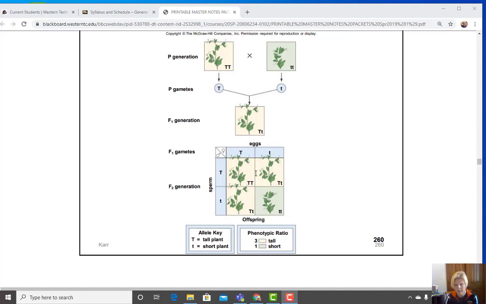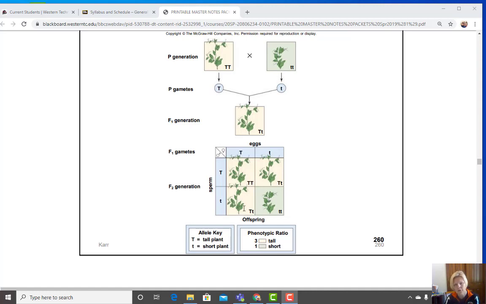So the phenotypic ratio we say is 3 to 1, 3 tall to 1 short, because each of these represents 1 out of 4, or if this was 100 plants, each of these would be 25. We kind of talked about that in our lab that we did, for those of you that did the Tuesday genetics lab. So anyway, we have a 3 to 1 phenotypic ratio.